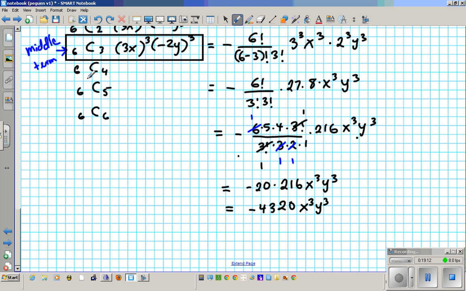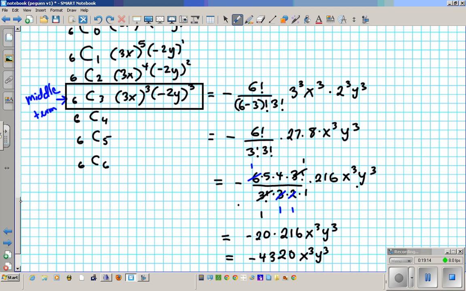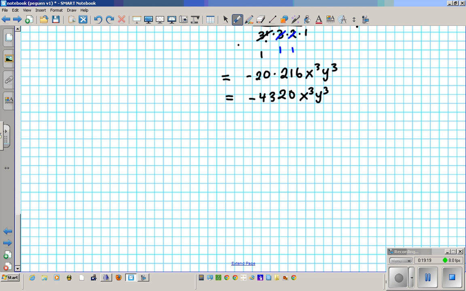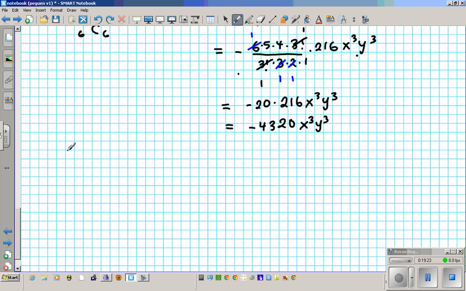If I wanted to do this using Pascal's triangle, I just need to go to the 6th row, right? So let's do that real quick. Using Pascal's triangle, I'm just going to go 0th row, first row, second row, third row, fourth row, fifth row, sixth row.